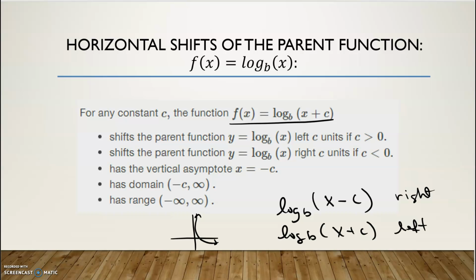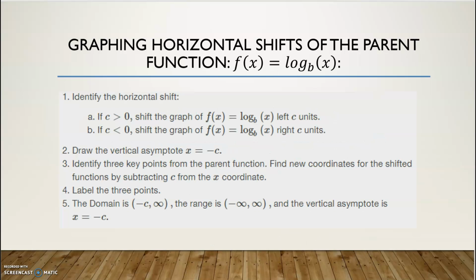If we move it to the left by, say, 2 units, well then it also moved the vertical asymptote. And it also changed the domain because the domain is your x values, and that's what we are changing here. That's the x values.